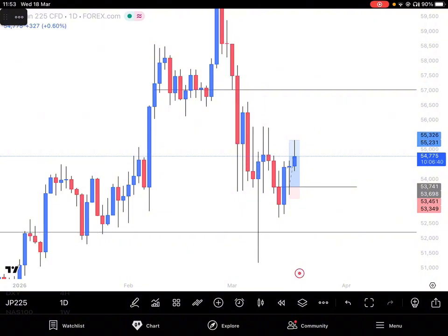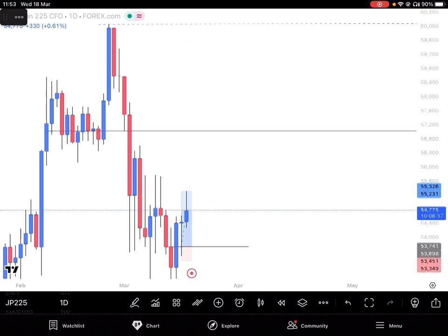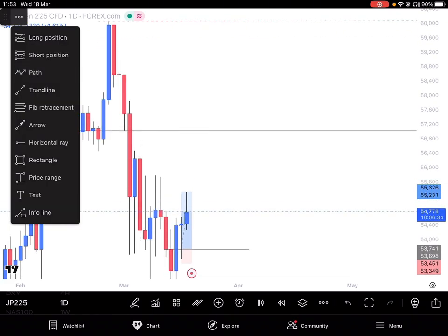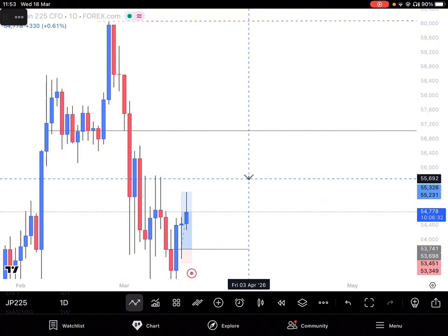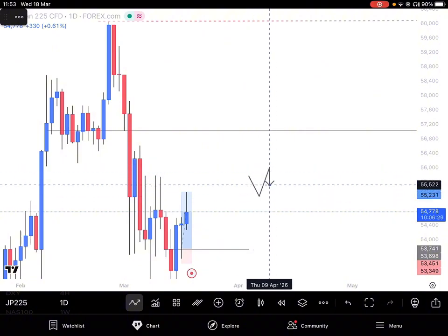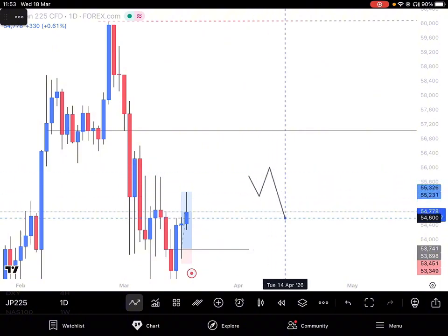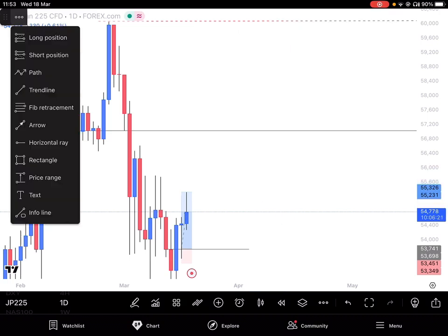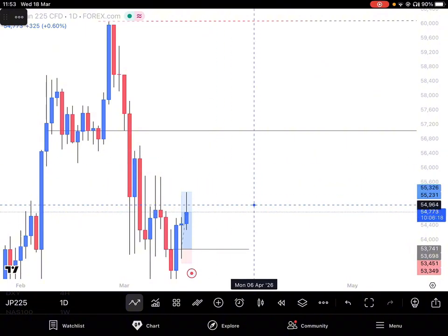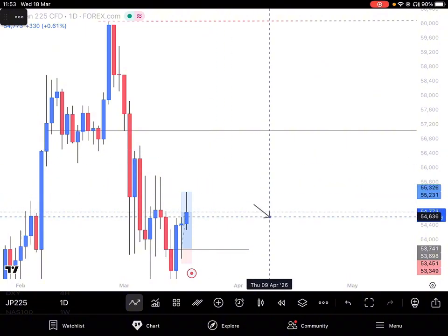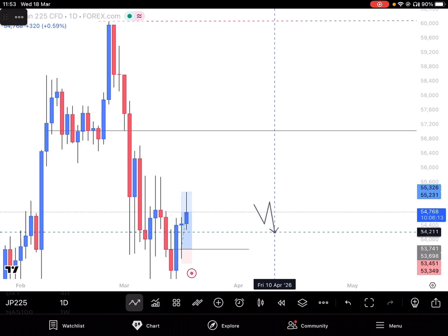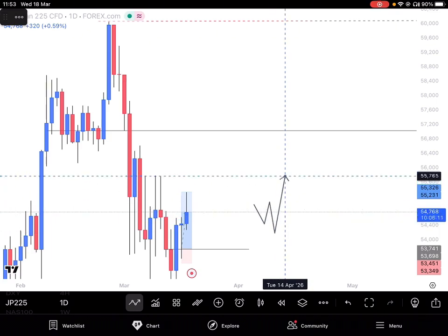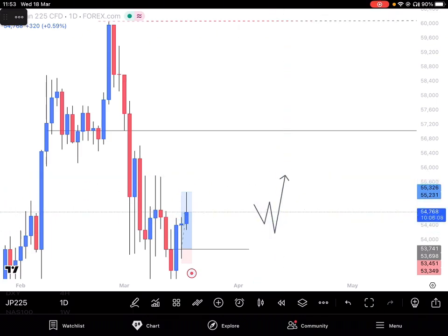And once I get to my daily time frame, what am I looking for? It's simple. This is what I'm looking for: a liquidity sweep and a break of structure. Let's use bullish. This is what I'm looking for: liquidity sweep, and a break of structure to the upside.